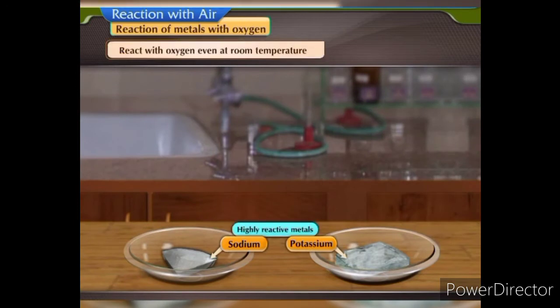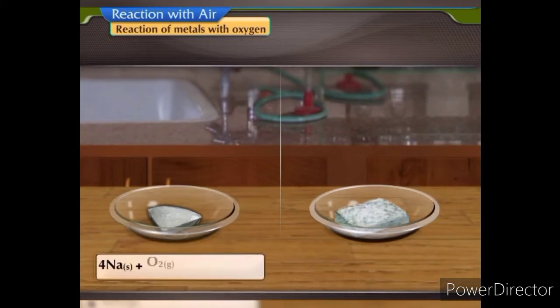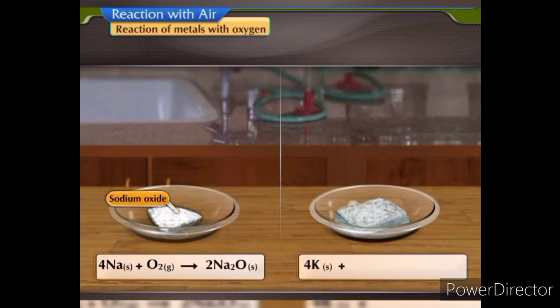They react with oxygen even at room temperature. Sodium reacts with oxygen to form sodium oxide. Potassium also reacts with oxygen to form potassium oxide. Let us discuss the reactivity of some other metals with oxygen.